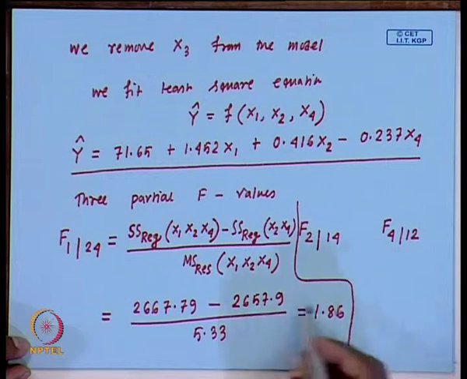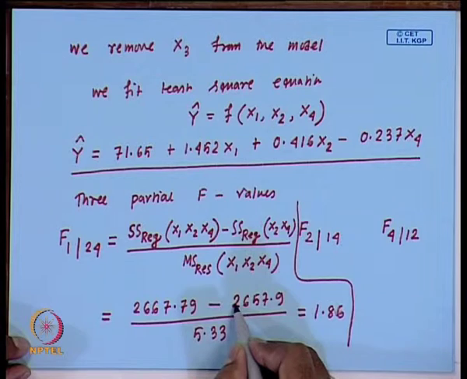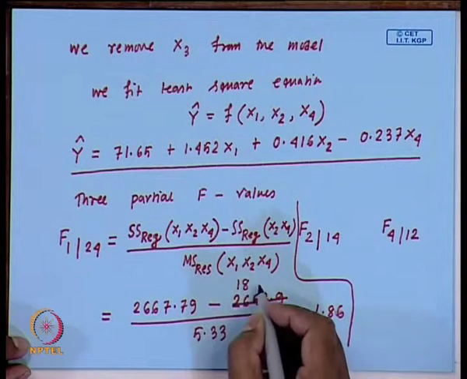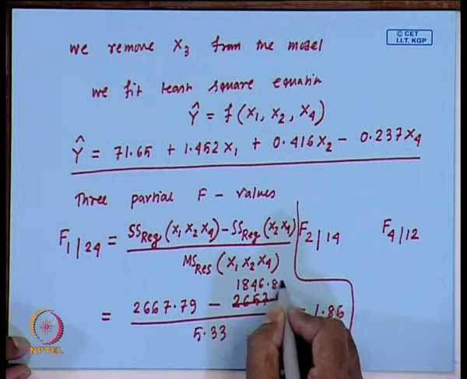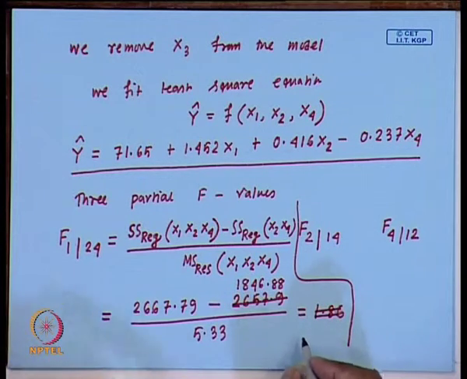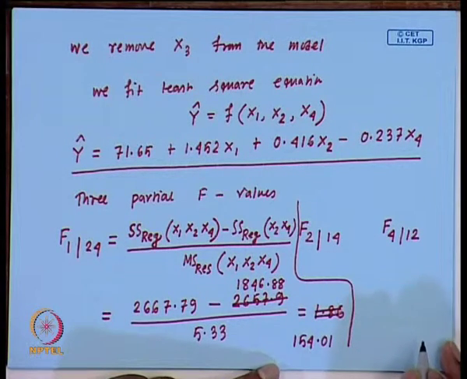No, I made a mistake here. This one is not 2657, it is 1846.88. The final value here is equal to 154.01, right.